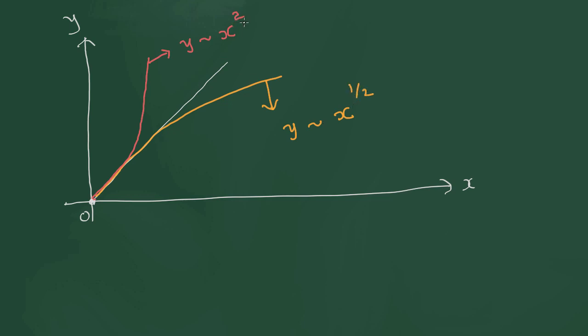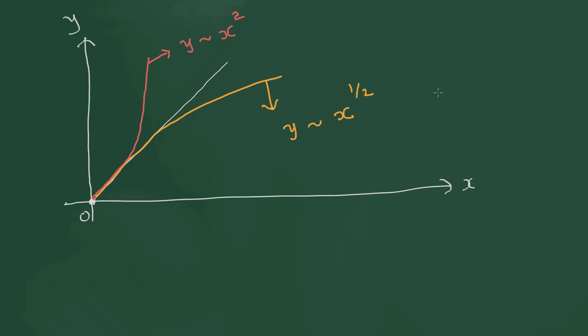There is no need to put a 2 here. If you want, you can put 3 also, x to the power of 1 by 3. It's only the deviation: to whatever extent you deviate to the left side, by the same extent you have to deviate to the right side. Then the behavior is like this.